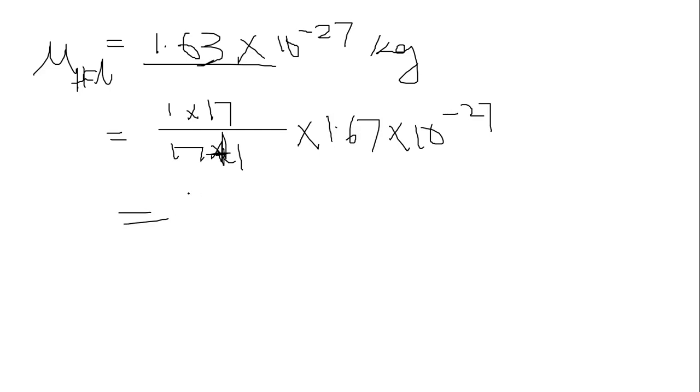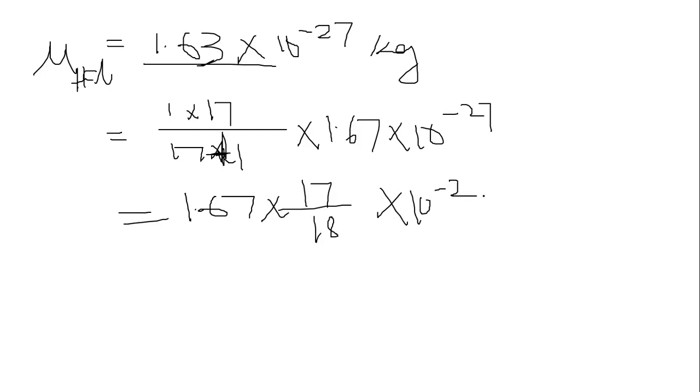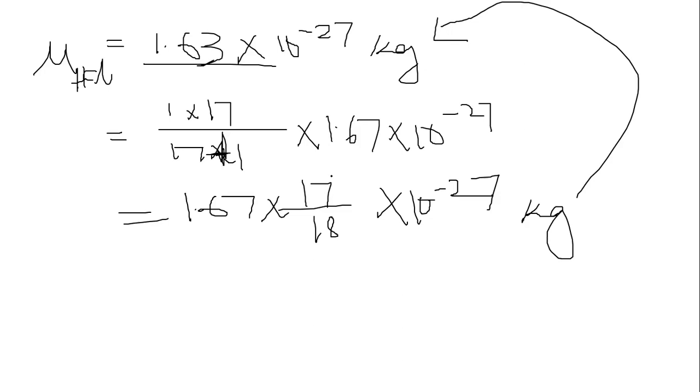So it will be 1.67 into 17 by 18 into 10 to the power minus 27 kg, which equals 1.16 into 10 to the power minus 27 kg. So now we found the value of mu.